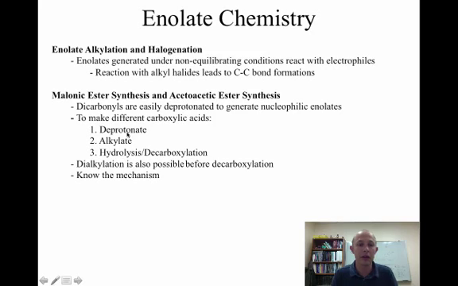We're always going to deprotonate first, then alkylate, then carry out a hydrolysis reaction, which will be followed by a decarboxylation to give different alkylated carboxylic acids. Similarly, we can get alkylated ketones by the acetoacetic ester synthesis. Dialkylation is also possible. Make sure you know the mechanism for all these reactions.